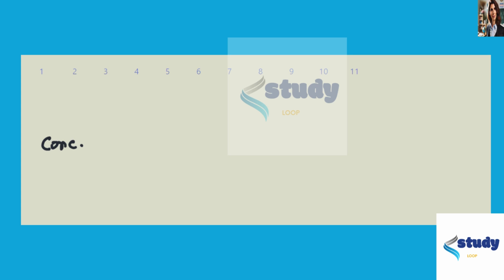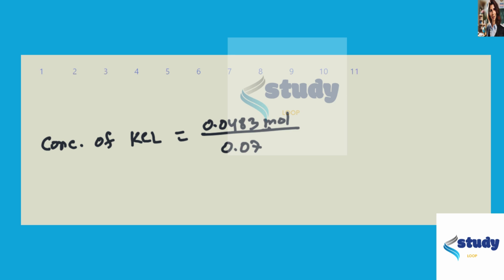So concentration of KCl will be the number of moles of KCl, which we just calculated as 0.0483, over the volume of the solution, which is 75 milliliter or 0.075 liter, and it will give us the concentration as 0.644 mole per liter or molar.